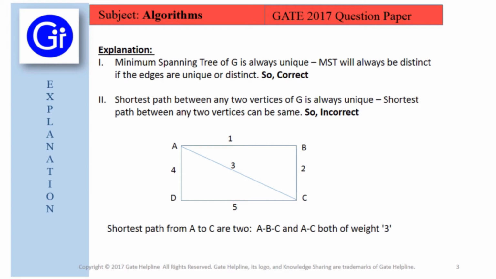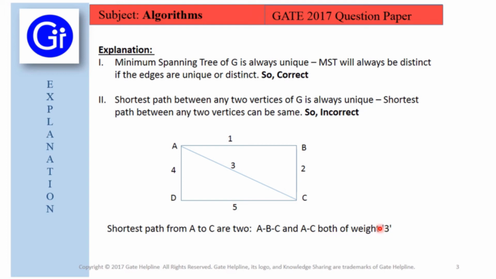In the graph below, we can see a graph having 4 vertices and 5 edges. In this graph, we need to find the shortest path from A to C. As we can see, there are 2 paths from A to C: A, B and C, and direct A to C, and the weight of both these paths is the same, that is 3.